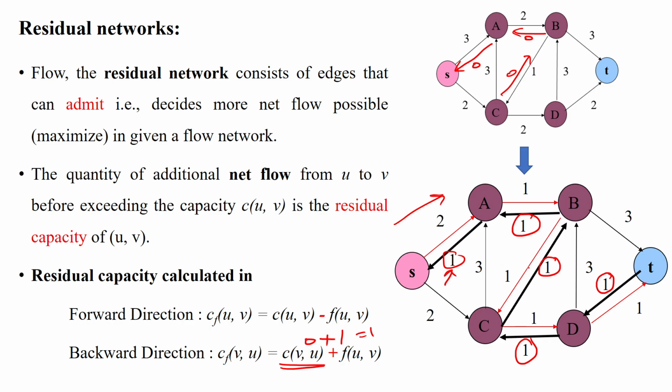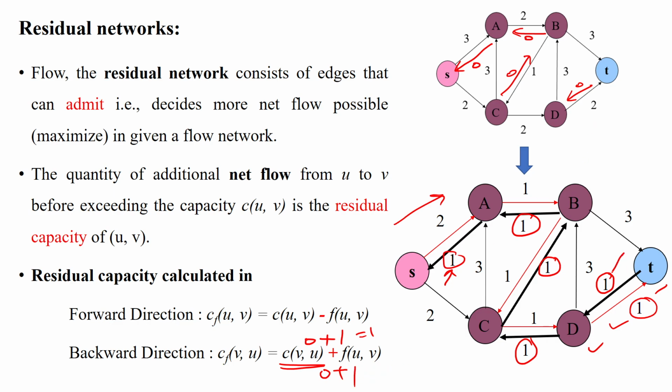Like that, now we are calculating the value for D to T. Initially in the backward direction we had 0 units, that's why we didn't mention the backward edge, because the value is 0. Then 0 plus the flow between D and T, which is 1 unit, so 0 plus 1 is 1.